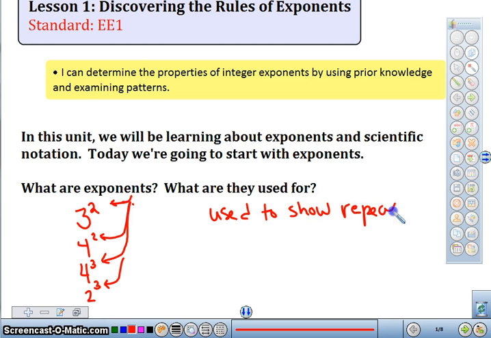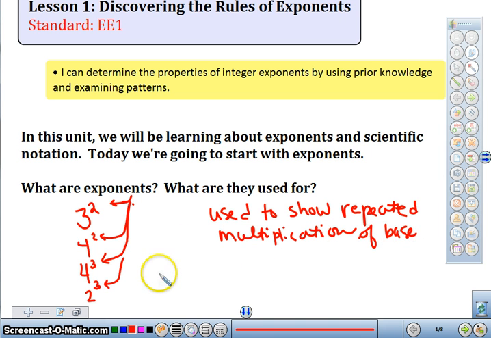That is our key thing that we want to be thinking about. It is always showing repeated multiplication. So when I talk about repeated multiplication, we're talking about that exponent. What is it showing repeated multiplication of? It's showing repeated multiplication of the base.